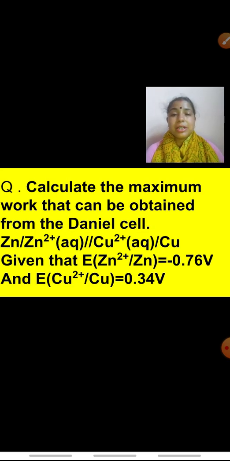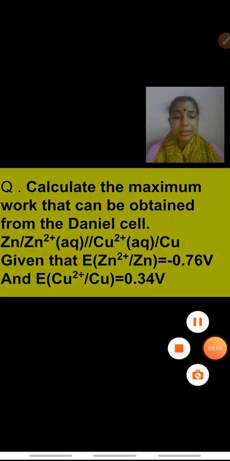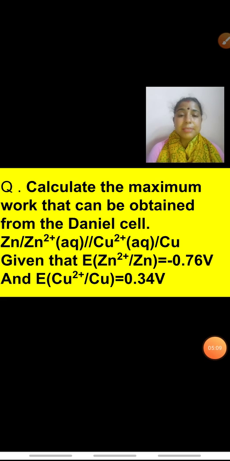Now children, suppose we have a question: calculate the maximum work that can be obtained from a Daniell cell. We have a Daniell cell here in which we have zinc and copper electrodes. Here zinc will get oxidized from Zn to Zn2 positive, and copper will get reduced from Cu2 positive to Cu.